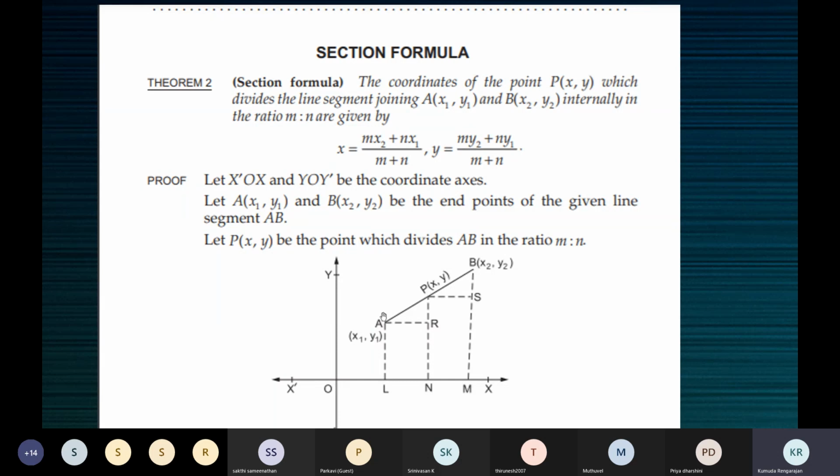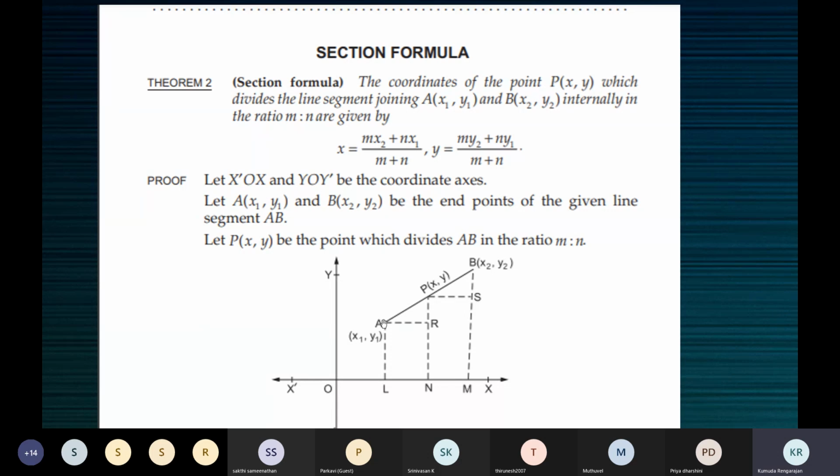From these three points A, P and B, from A draw AL perpendicular to the x-axis, from P draw PN perpendicular to the x-axis, and from B draw BM perpendicular to the x-axis. So from A, P and B, we draw perpendiculars to the x-axis.